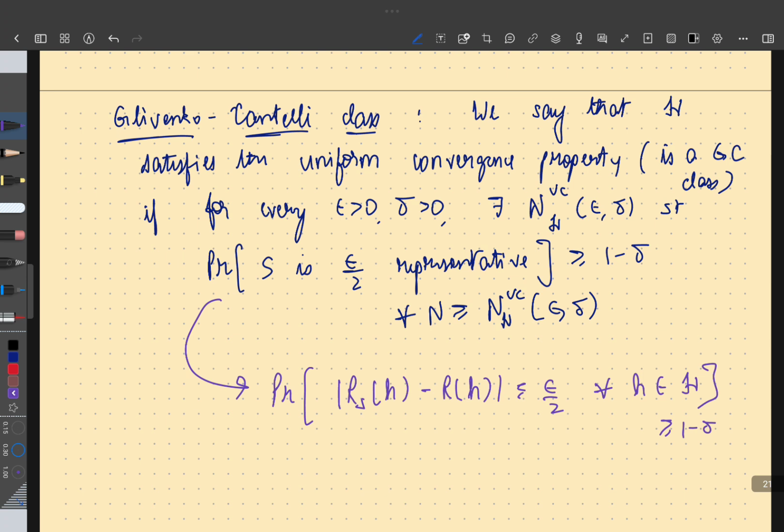So this ensures that with probability at least 1 minus delta, all of the empirical risks for all of the functions within your hypothesis class are epsilon by 2 close to their corresponding average risks.